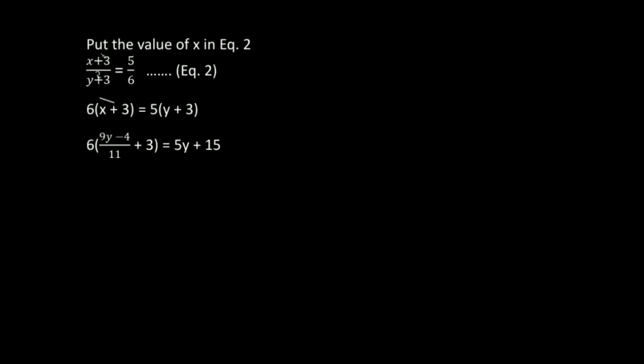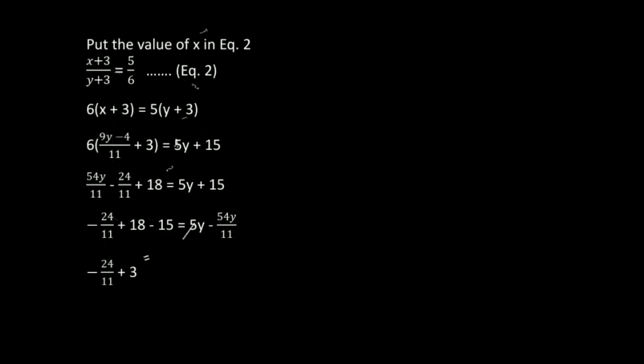Now multiply by 6. This is 54y/11 - 24/11 + 18 = 5y + 15. Now -24/11 + 18 - 15 = 5y - 54y/11. Now solve. -24/11 + 3 = (55y - 54y)/11.